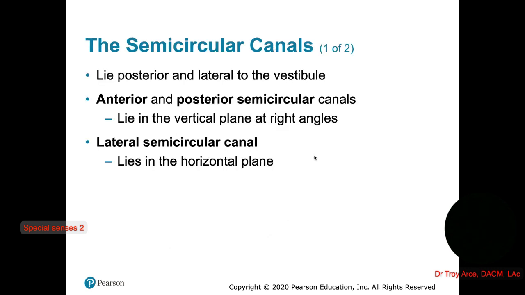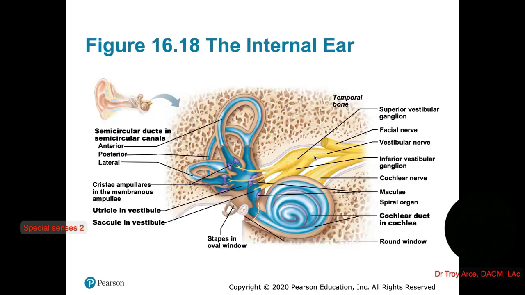There are also semicircular canals that lie posterior and lateral to the vestibule. The anterior and posterior semicircular canals lie in the vertical plane at right angles, and the lateral semicircular canal lies in the horizontal plane. So you have your internal ear again, big picture.